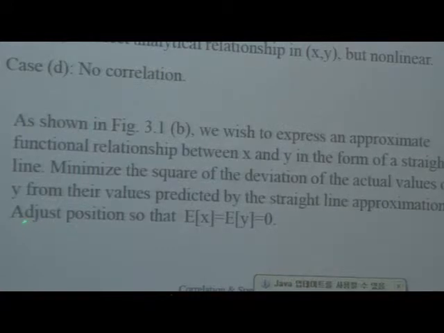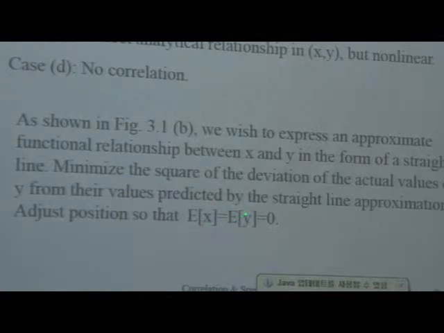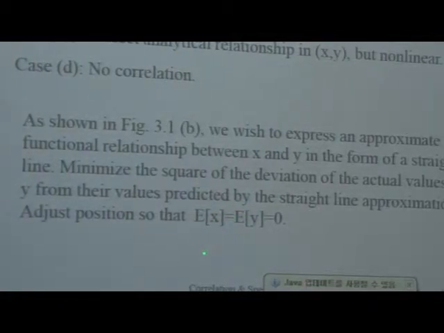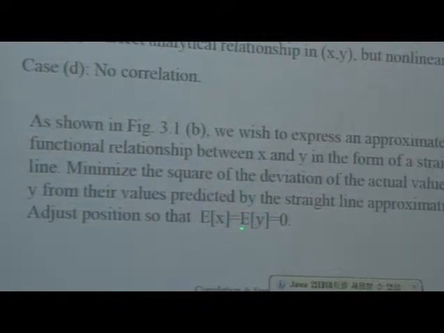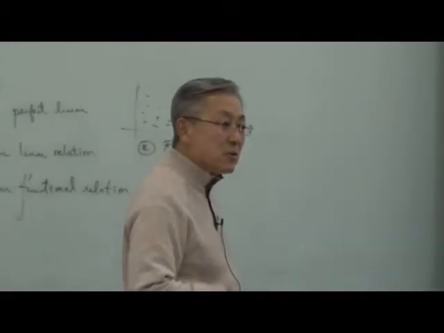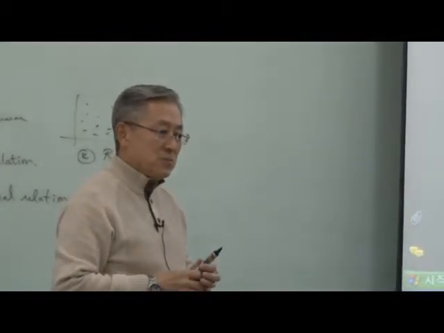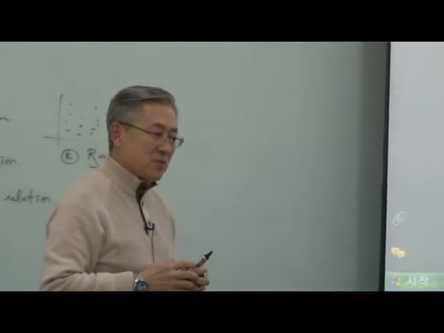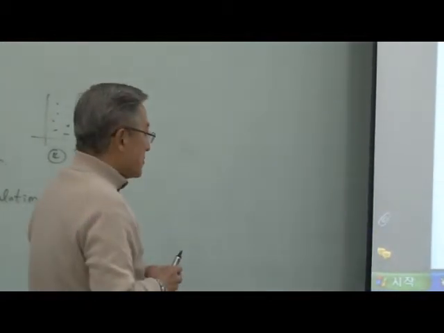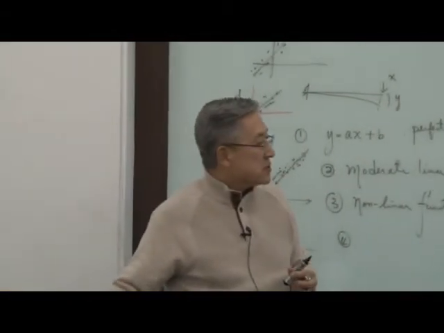Then of course you can adjust the position so that the expected value of X, expected value of Y, that's the mean value of X and mean value of Y, you can set equal to 0. Then you can shift into the mean, or CG, is the same thing. And then you can get the deviation.